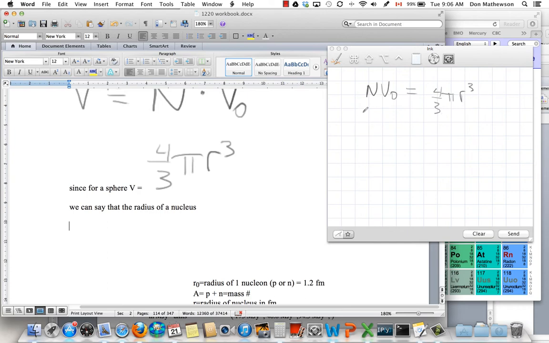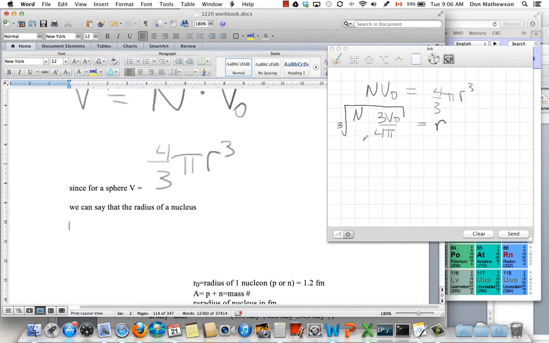Solving for r, it's going to be n, and then 3v naught over 4 pi. That'll be r cubed, but then we'll take the cube root to actually solve for the radius.